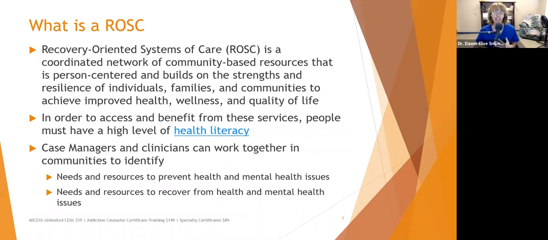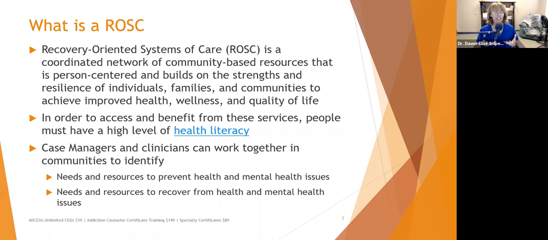Case managers and clinicians can work together in communities to identify needs and resources to prevent health and mental health issues. Once we see people, they generally are already struggling with some sort of an issue. Depending on your setting, they could be having a kidney transplant, they could be struggling with mental health needs. There's a variety of places that clinicians and case managers may be working.